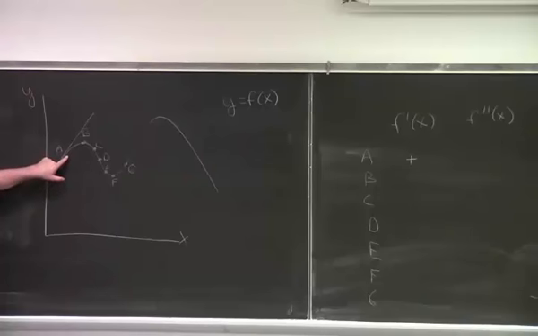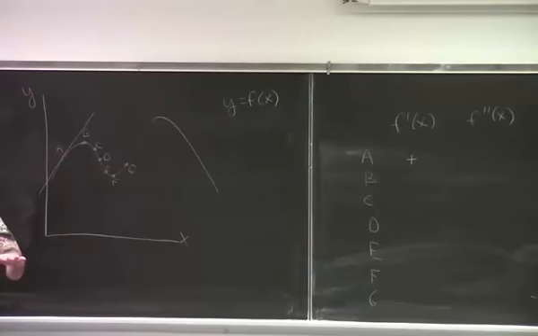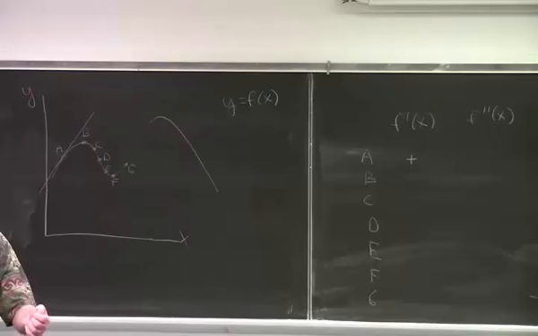If you pick a point just slightly to the right of A, what is happening to the slope? It's getting less steep. So if it's getting less steep, that means as x gets bigger, f prime of x is getting smaller. So the second derivative at point A is actually negative.